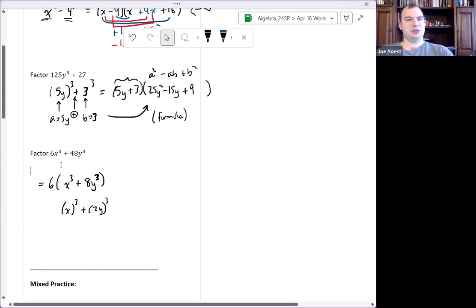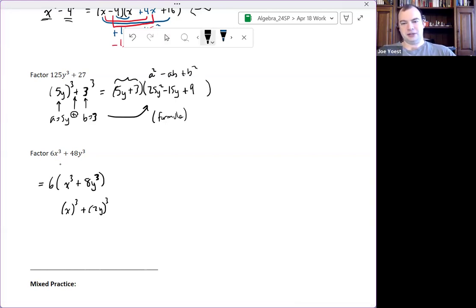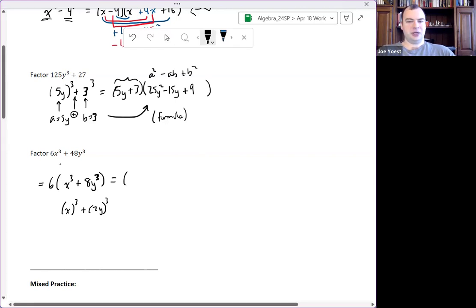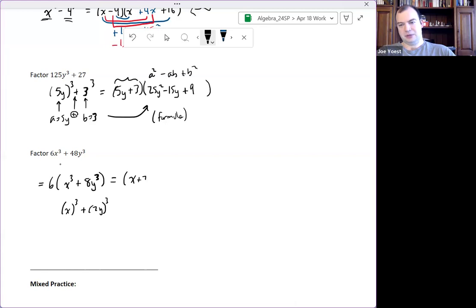It's still just the sum of two cubes. It can still factor the same way. I know that I'm going to factor out the sum of the bases, x plus 2y. That's the piece that I memorized, that for the sum of two cubes, the sum of the bases factors out, and for the difference of two cubes, the difference of the bases factors out.